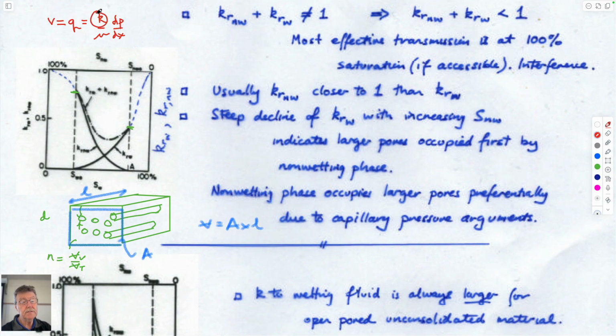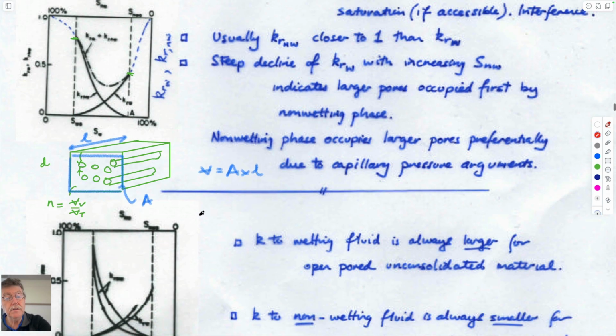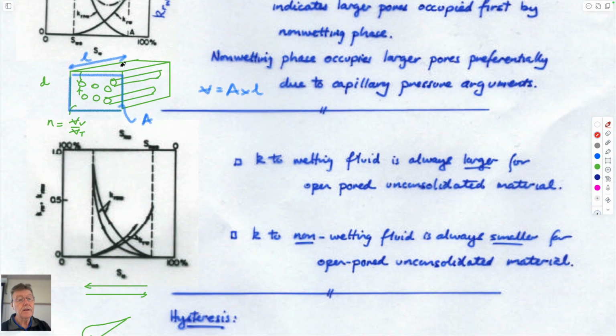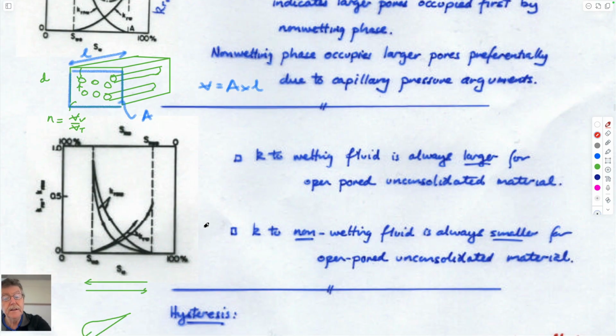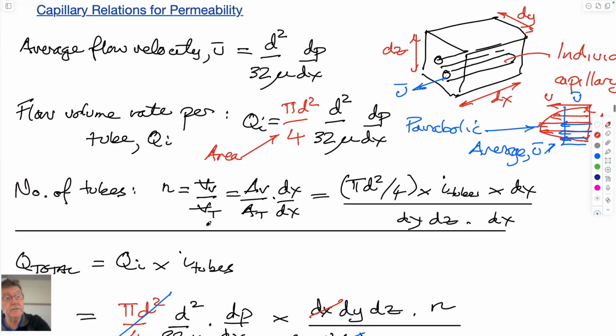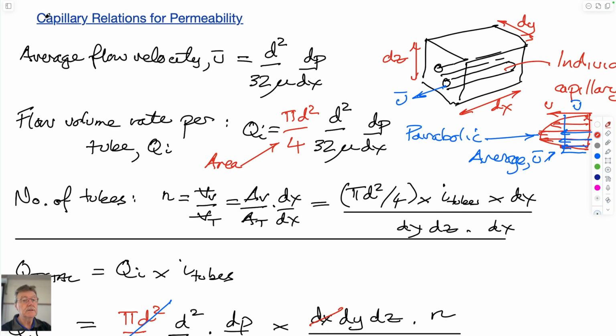It turns out that this permeability is a unit of length squared, meter squared, and it's pretty close to being the pore diameter to the power 2. So it scales with the pore diameter. And so what we could do is develop relationships which define the permeability of this porous medium as a function of its capillary characteristics, so-called capillary relations for permeability. And it's pretty straightforward.